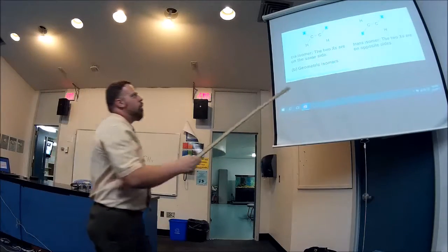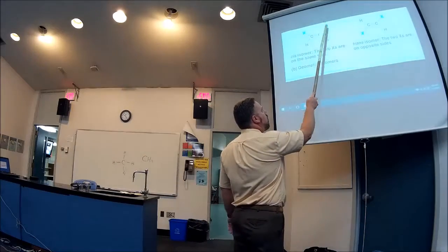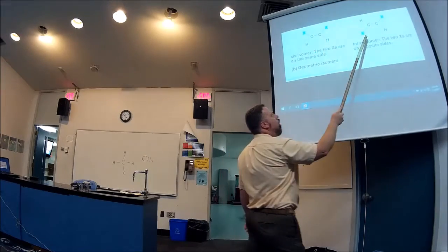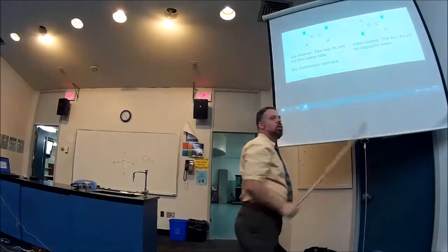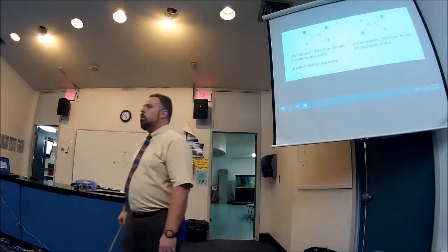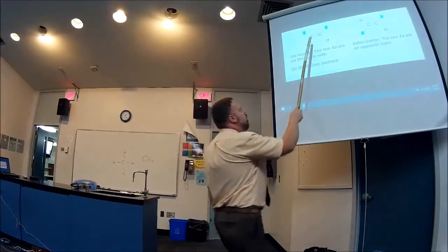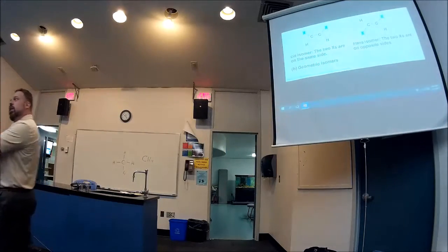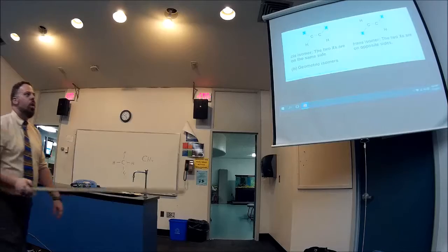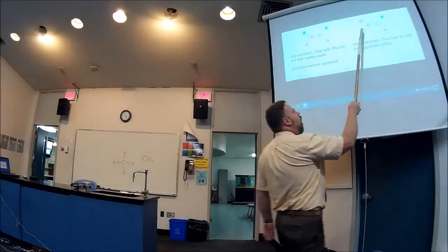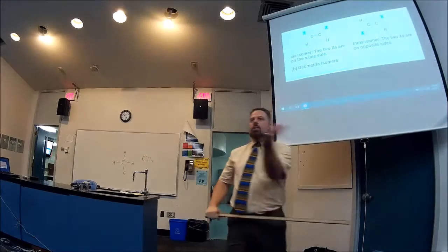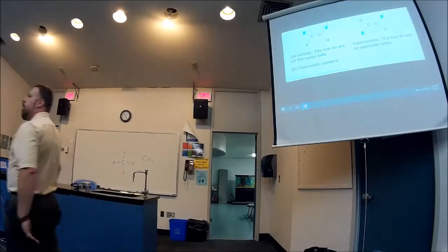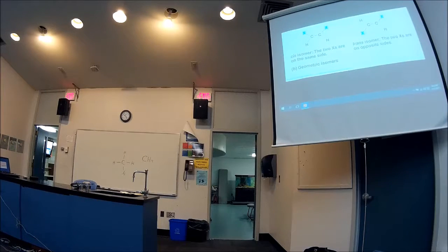So you could either have them on the same side or on opposite sides. I think of them like sisters. They're sisters to each other, cis. Or are they across from each other, like a transatlantic thing, right? Going across. So that would be trans.